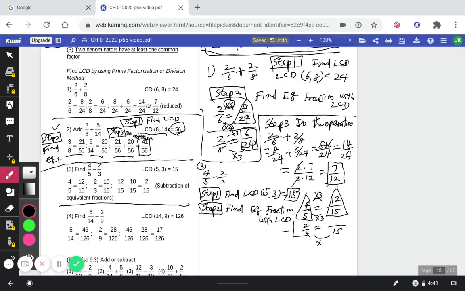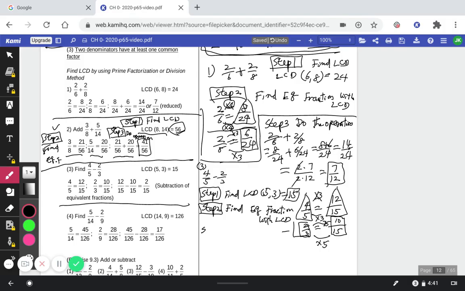Now this time you have to multiply by 5 to make a 15 from 3, and the same on top, 2 times 5 is 10. So 2/3 has the equivalent fraction 10/15.